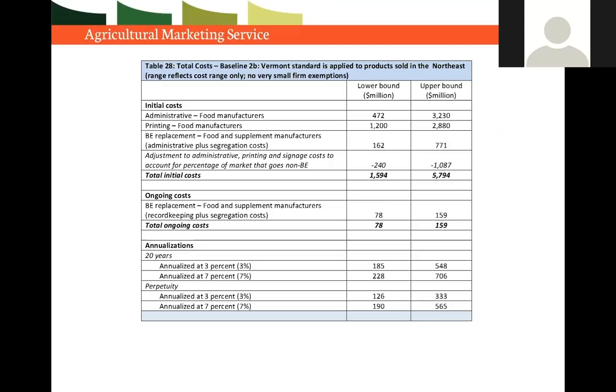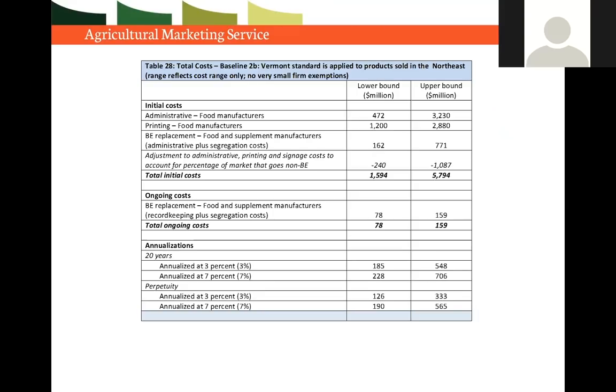The Vermont BE labeling law required labeling of foods offered for sale in Vermont after July 1st, 2016, if they were produced with genetic engineering. Foods exempted from the Vermont rule included meat, milk, cheese, and foods certified as organic under the USDA's National Organic Program. The Vermont standard required segregation, certification, and documentation of supply chain management to document compliance.